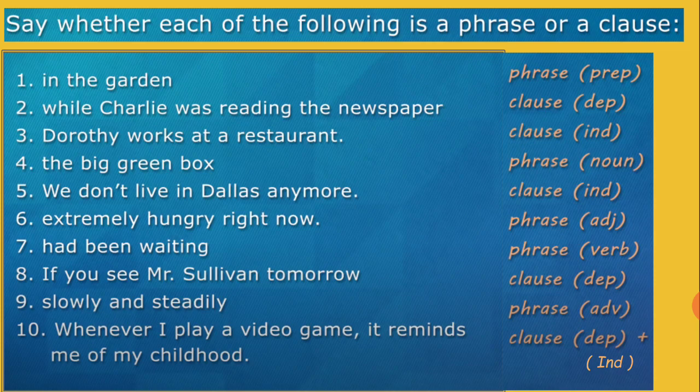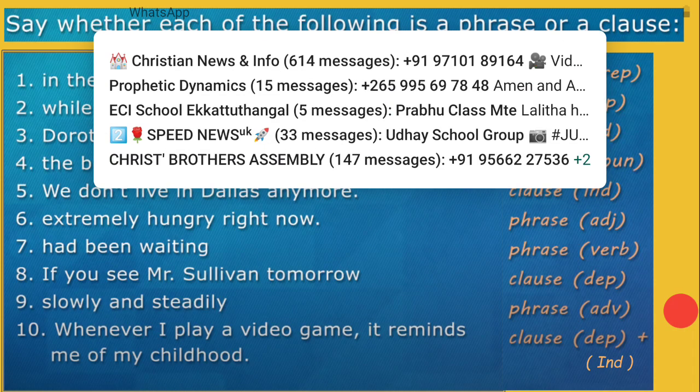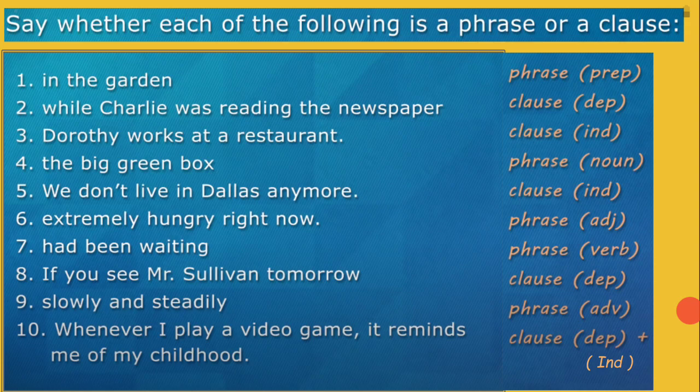The next one, extremely hungry right now, is a group of words without a verb. It's a phrase. Had been waiting is a verb, but it is a phrase, because just a verb cannot give a complete sense.